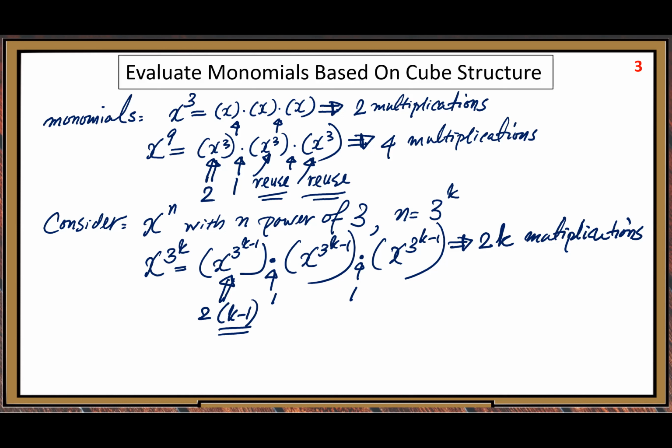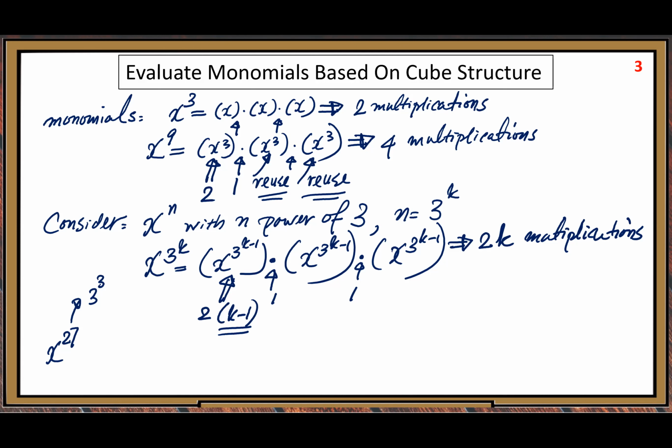Here is another example I would like to show you. Let's consider x to the 27th. We know this is a power of 3, 3 cubed. With the power of 3 structure, repeated cubing should do better.